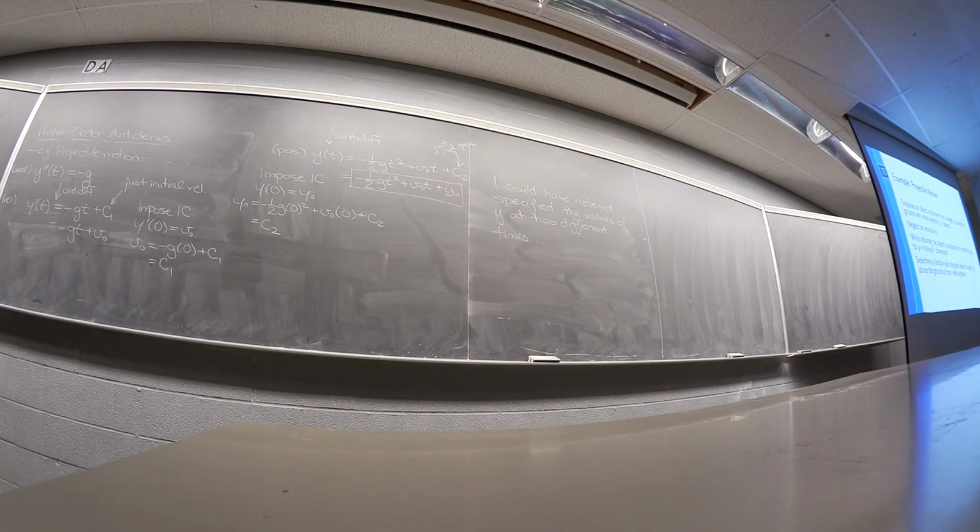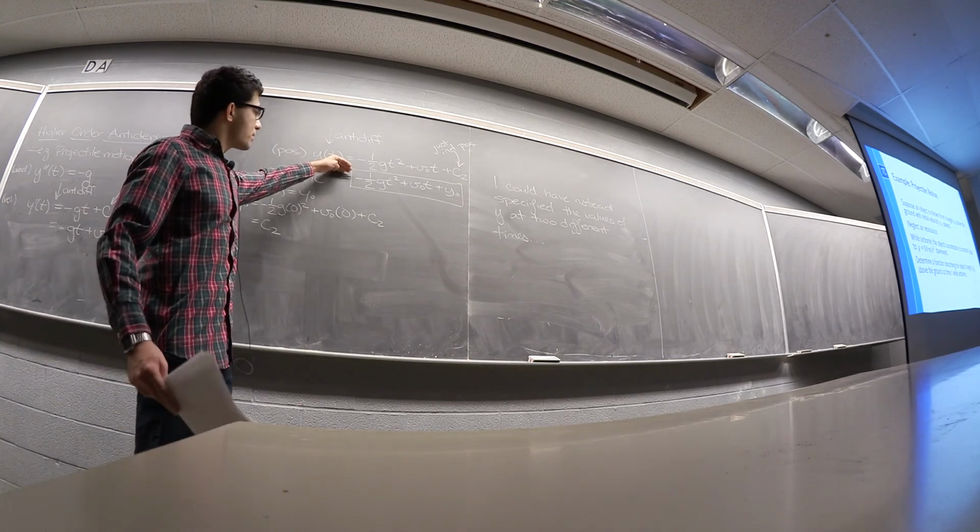So instead of telling you what the initial velocity was and the initial position was, I could have told you the velocity and position at another time, or the values of the position at 2 different times. And if I'd done that, you would have gotten all the way down here.